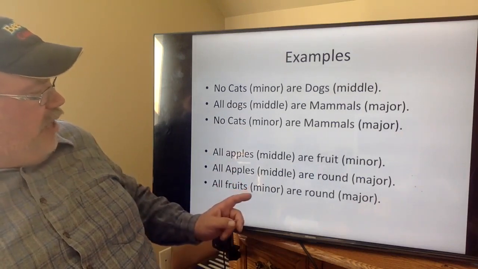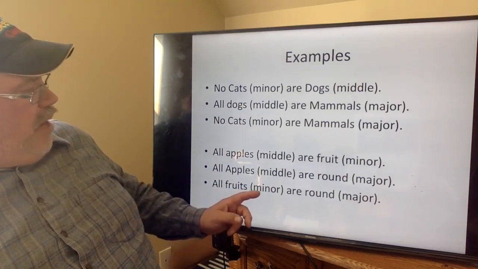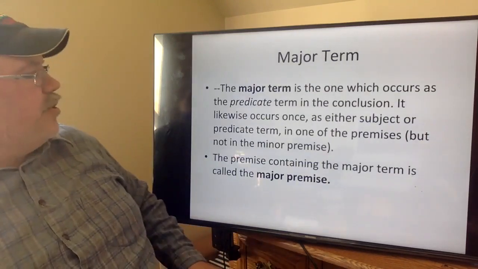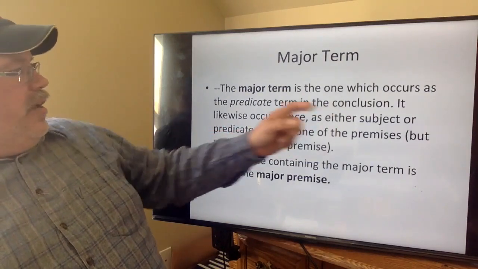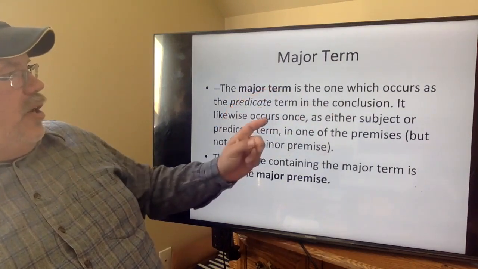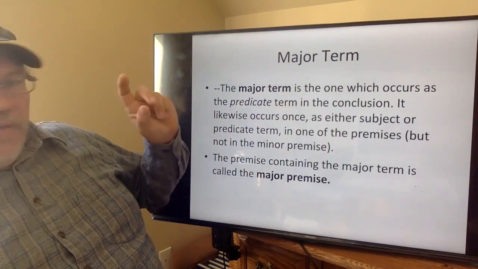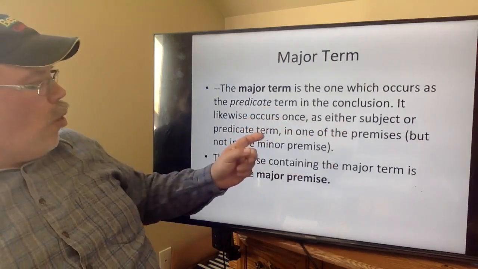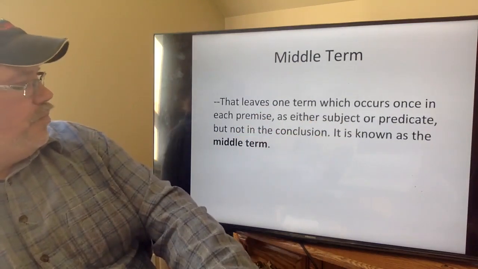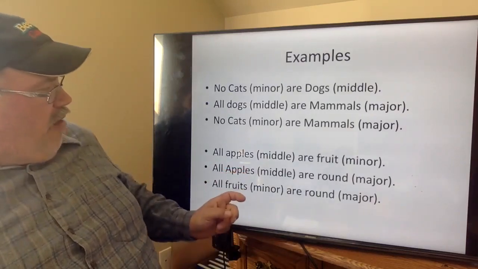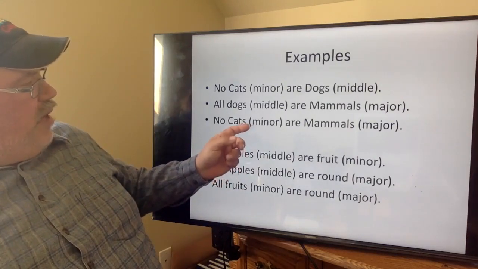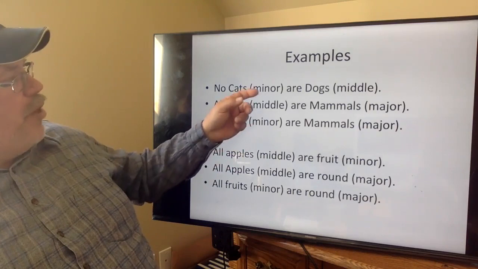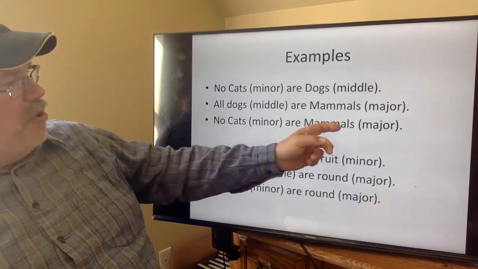Notice, however, that it's also acceptable to vary the positions. Let's back up a step, because it's important to get this right. Both the minor and the major are in the conclusion, and the major, for instance, is the predicate of the conclusion, but it could be the subject or predicate in the premise. Here, cats was a subject in both its conclusion and premise instance, and mammals was a predicate in both.